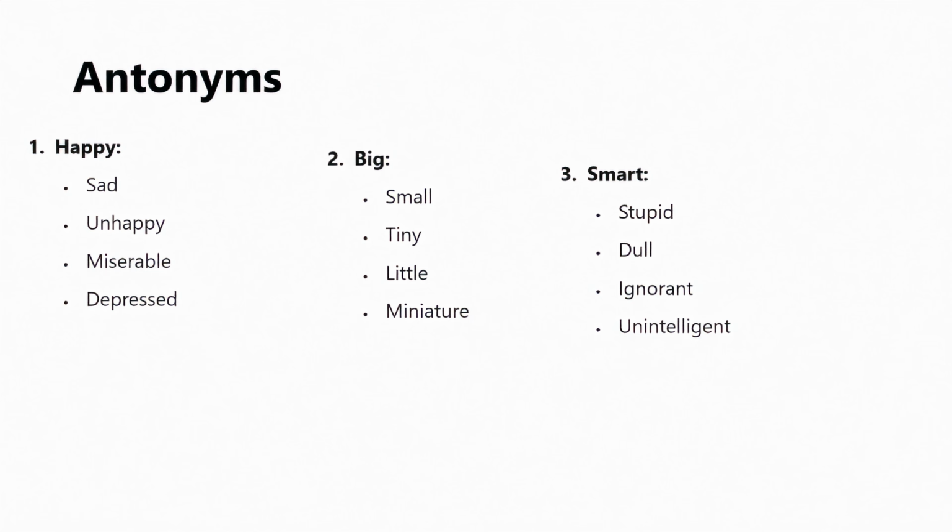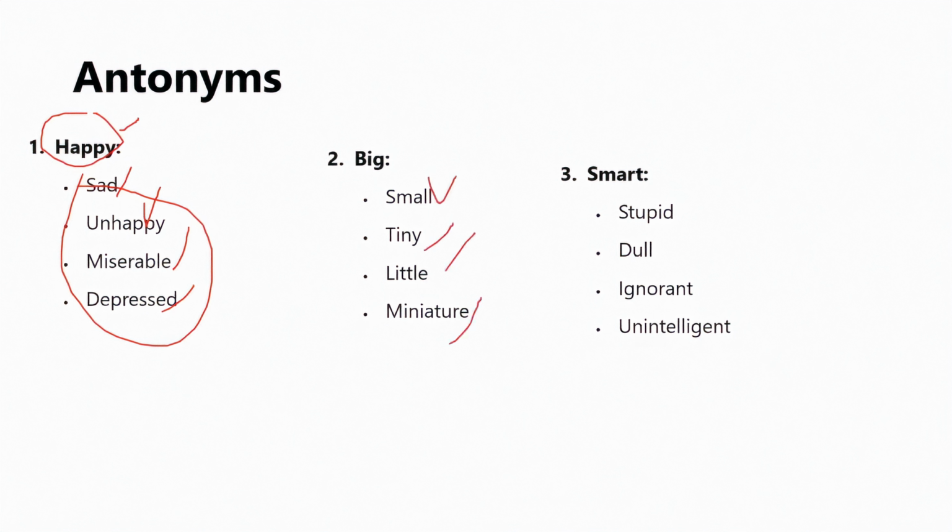Happy, the same word which we discussed in the previous slides in synonyms. Happy: sad, unhappy, miserable, depressed. These are opposite to the word happy. Similarly, small: tiny, little, miniature. These are opposite to big.